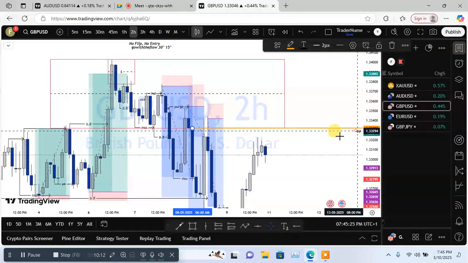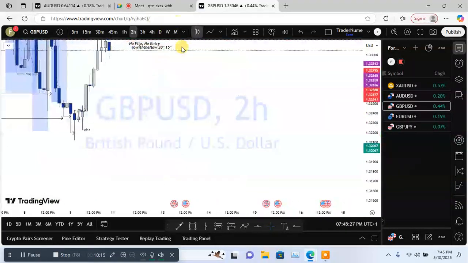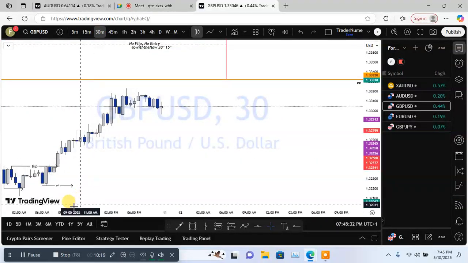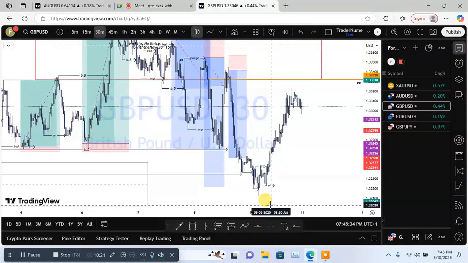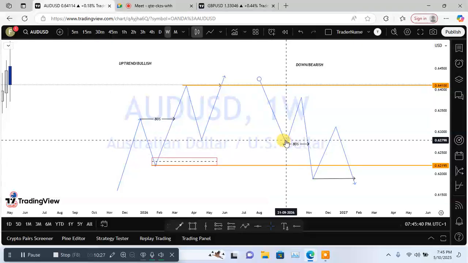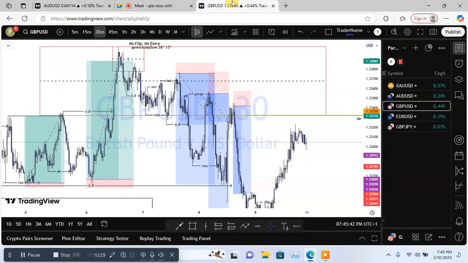Now, like what I was telling you, let me use 30 minutes and explain. This is what I was just showing you on this side, right? On this side, market moves up and down.